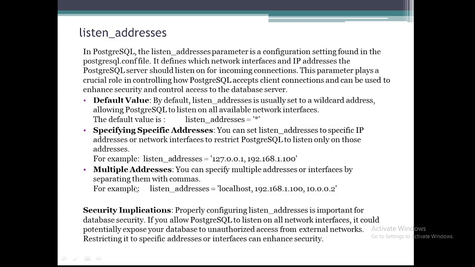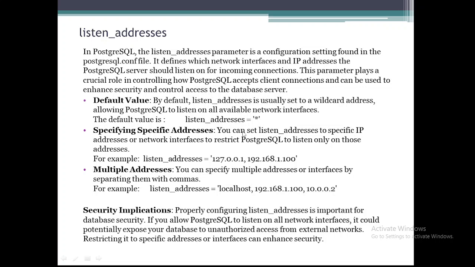For multiple addresses you can use localhost and your standby server address, or another standby server address. The default value is star, or you can set localhost. If you do not have any replication, you can just set that to localhost.